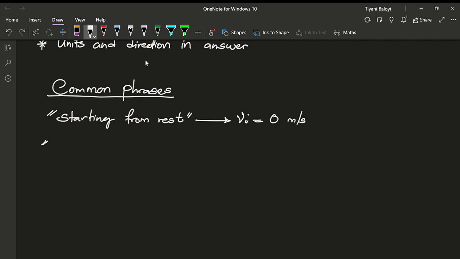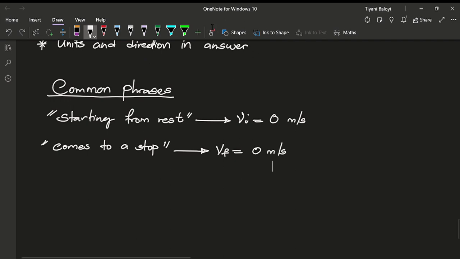And then when they say it comes to a stop, it means that the final velocity is equal to 0, right? It was slowing down and then it stopped.